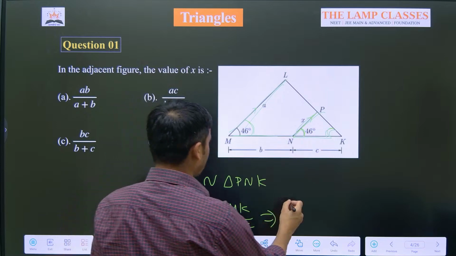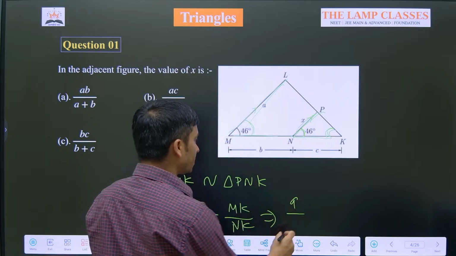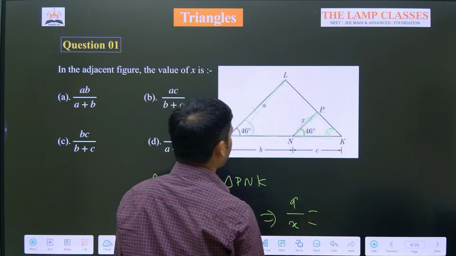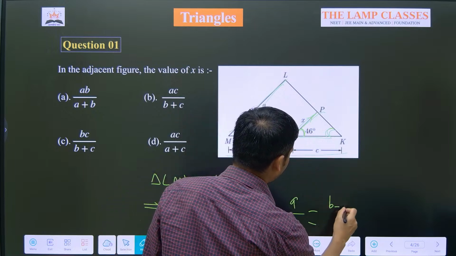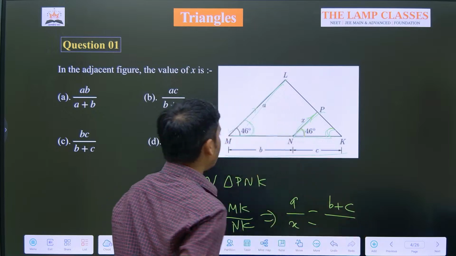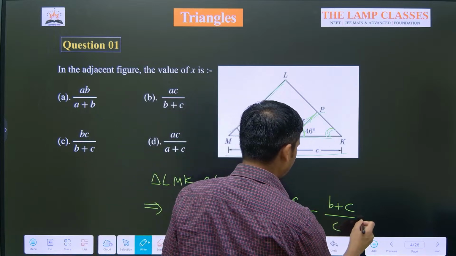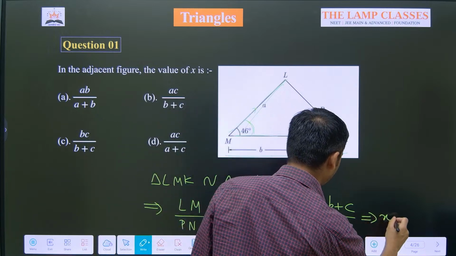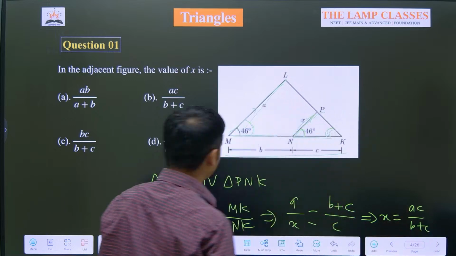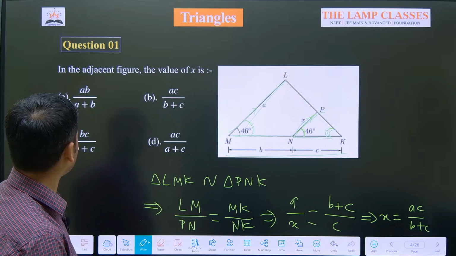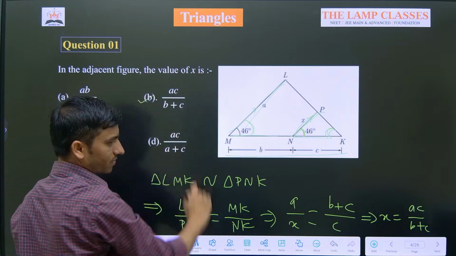LM is A, PN is given as X, MK is the sum of these two lengths, so it is B plus C, upon NK, which is just C. Since we need X, cross multiply: X equals AC upon B plus C. So check which option is correct. AC upon B plus C is option B.